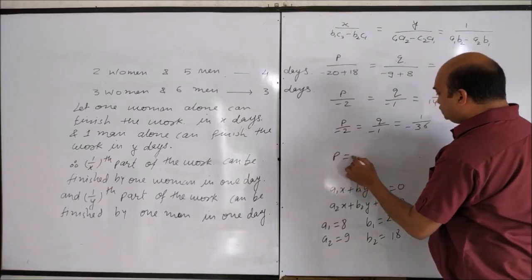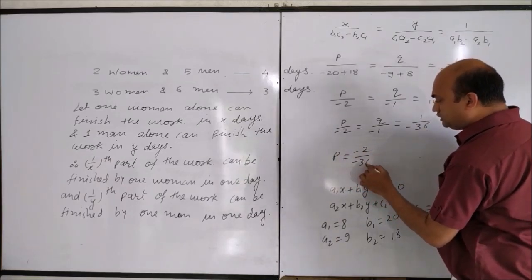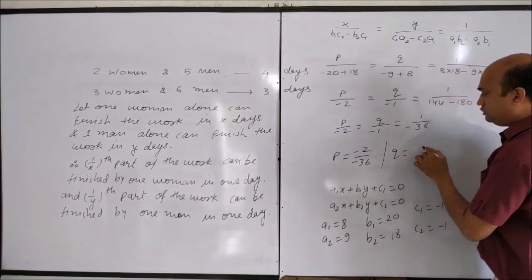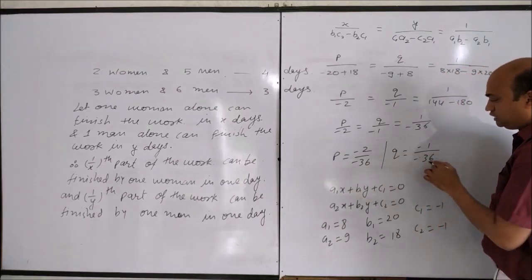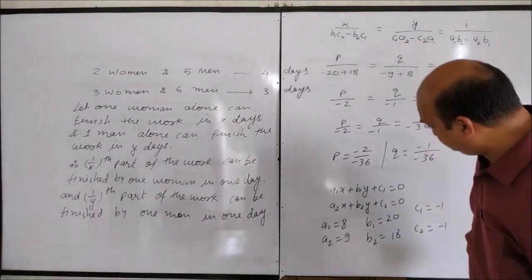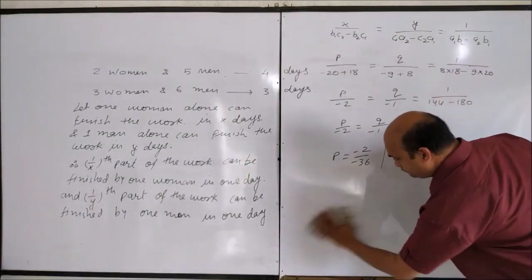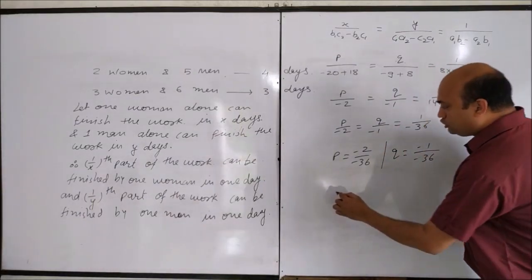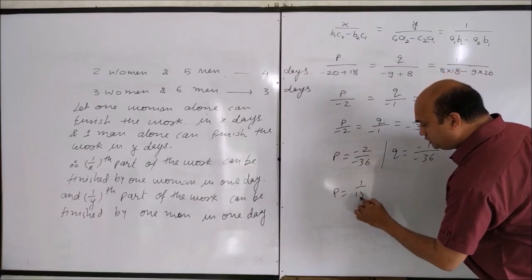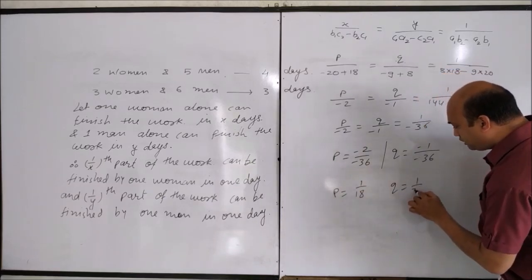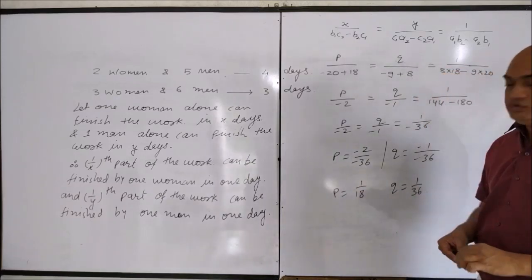Then P we will get minus 2 by minus 36 and Q we will get minus 1 upon minus 36. Then P is equal to 1 upon 18 and Q is equal to 1 by 36.